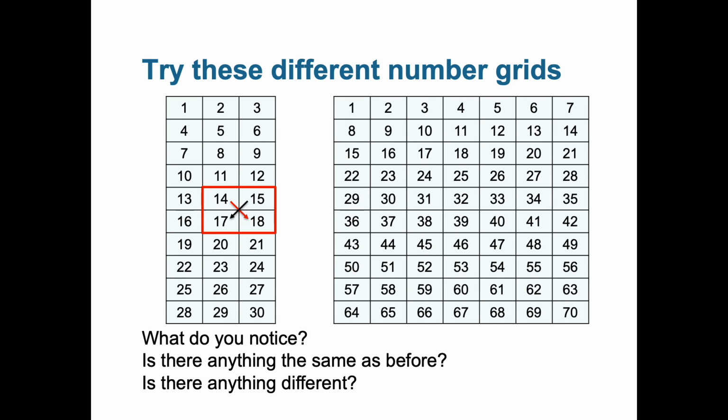So again, it's just about selecting a block of 4 numbers, multiplying the top left by the bottom right and the top right by the bottom left. Same in the 7 by 10 grid, and then just trying that out in different places. And again, answering those questions. What do you notice? Is there anything the same as is going on in the 5 by 10 grid and the 10 by 10 grids?